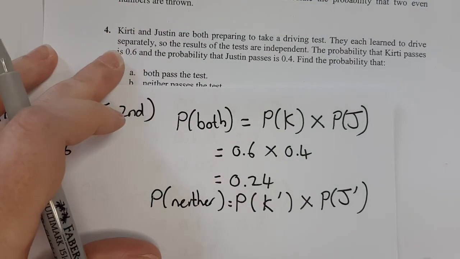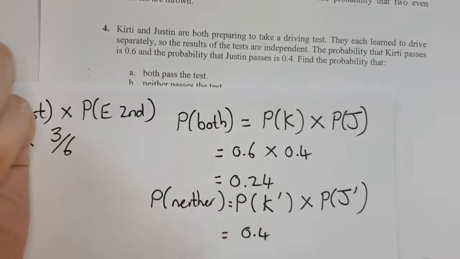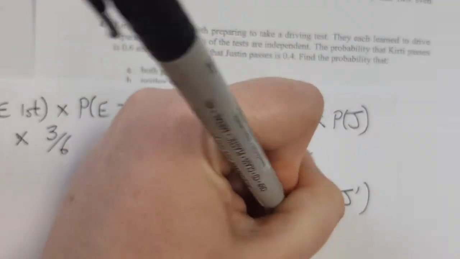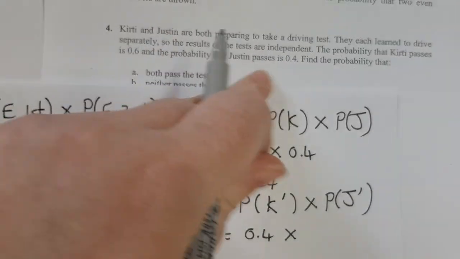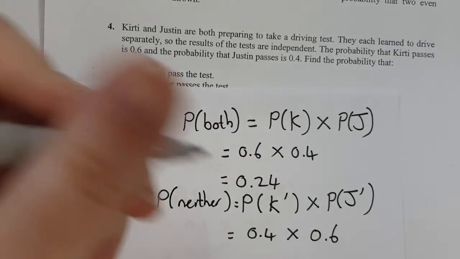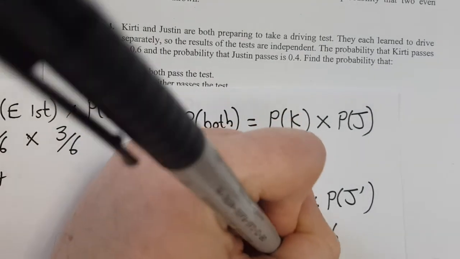So Kirsty not passing would be 0.4 because 0.6 is that she does pass, and Justin not passing would be 0.6. So 0.4 times 0.6 is 0.24.